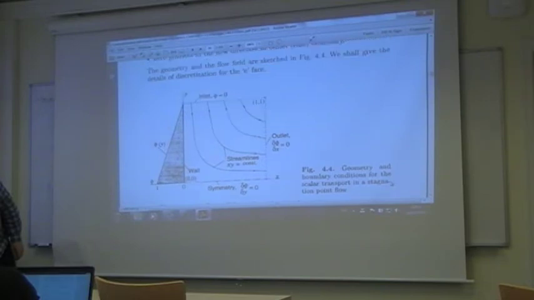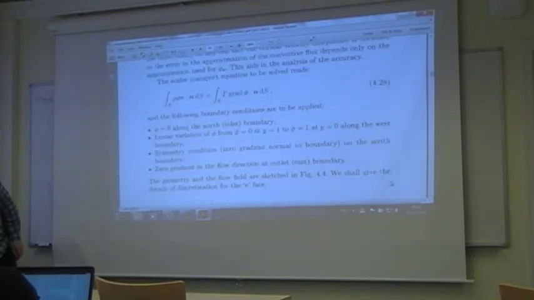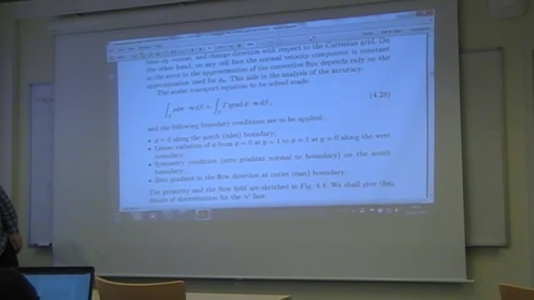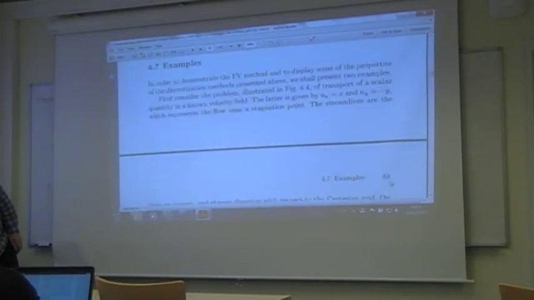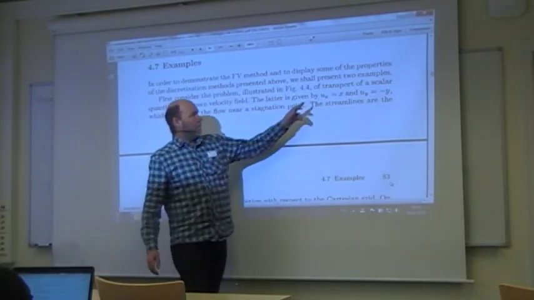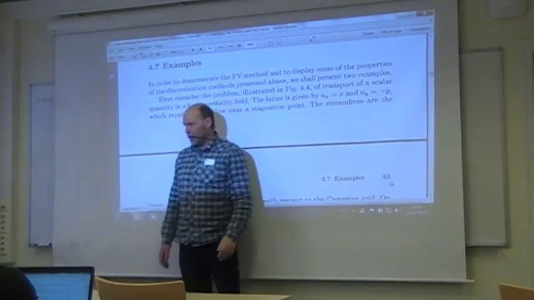We give the velocity field, which should be listed here somewhere. Where is it? Here. So we have the x velocity, it's just x, and the y velocity is minus y.